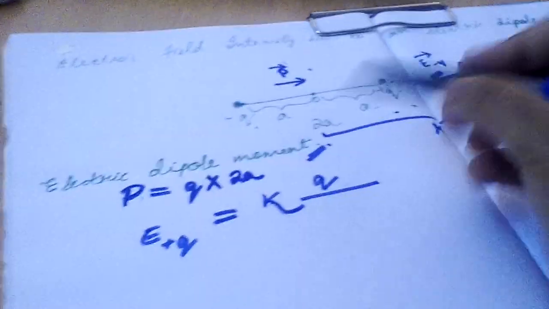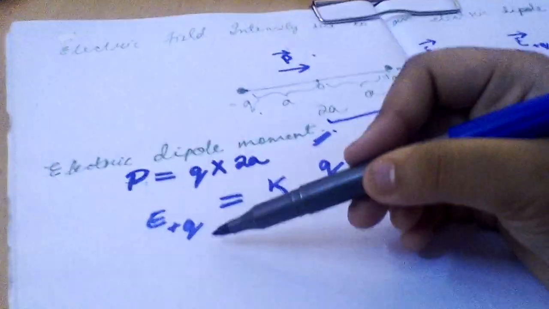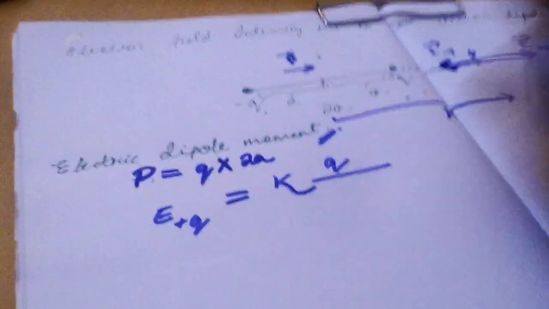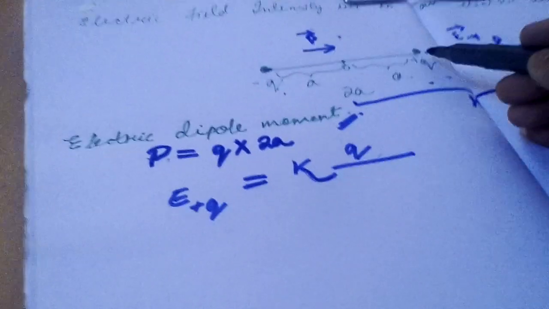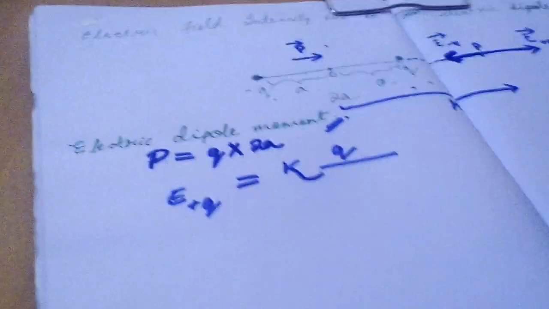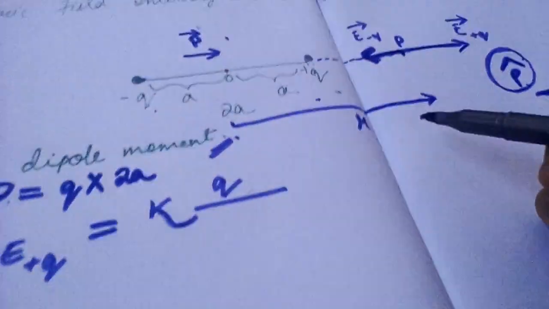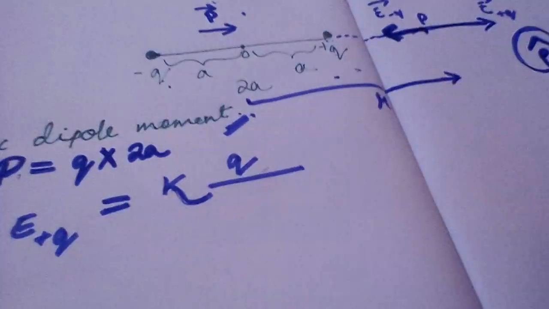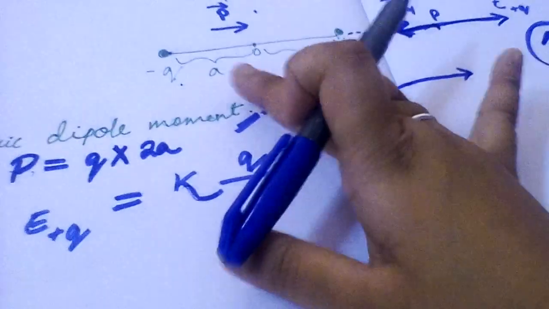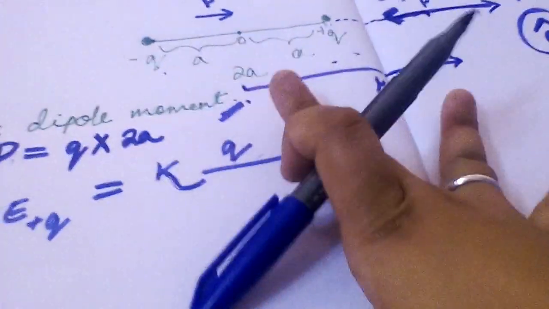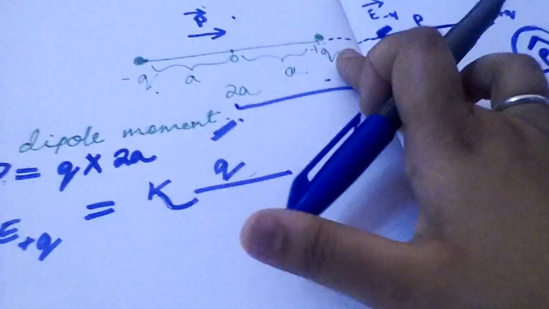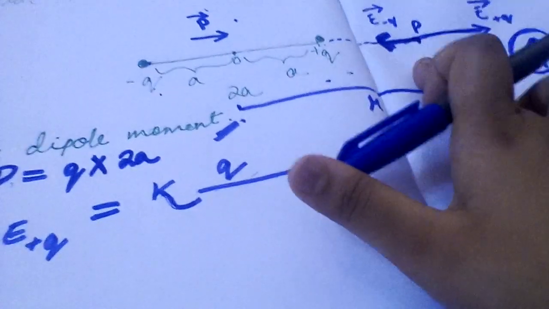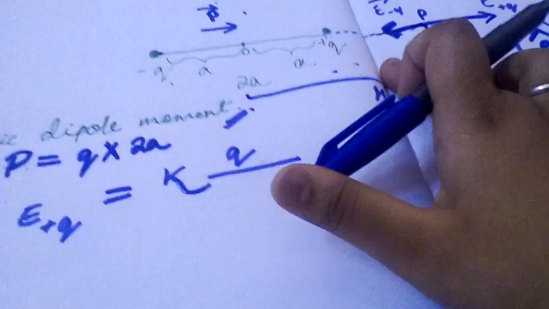So now the distance between q and this point, because the electric field intensity that we are going to consider here is because of this particular charge, so the distance between them is something that we have to consider. So the distance between plus q charge and P is what? From the geometry of the figure, if you see, it is r minus a. Yes or no? r minus a, this is the distance between plus q and P, and that is the distance we need now, right?